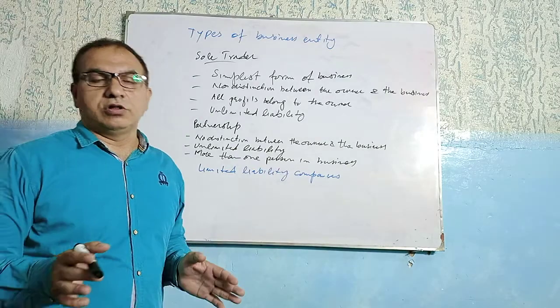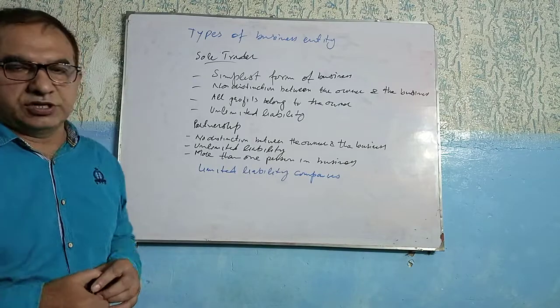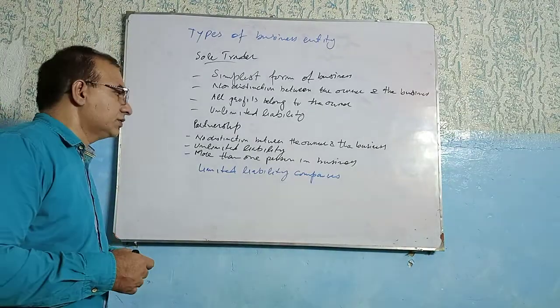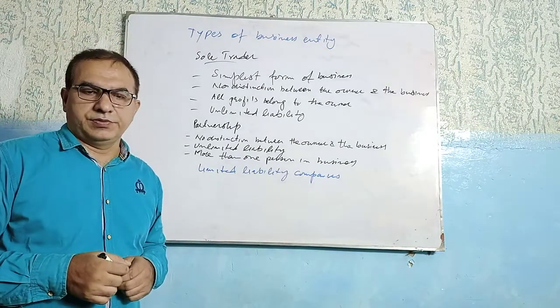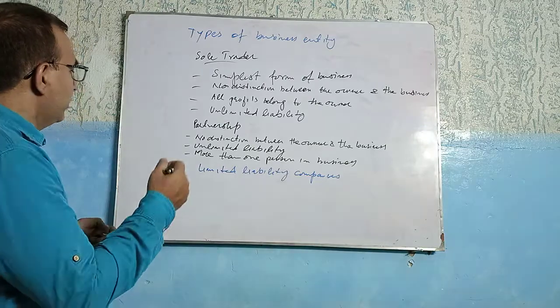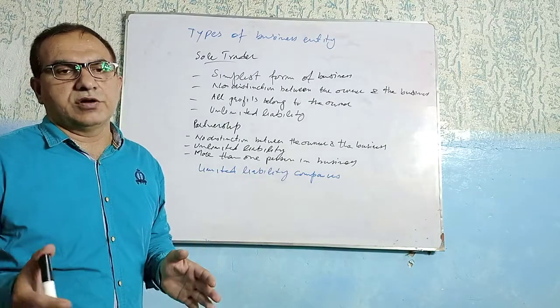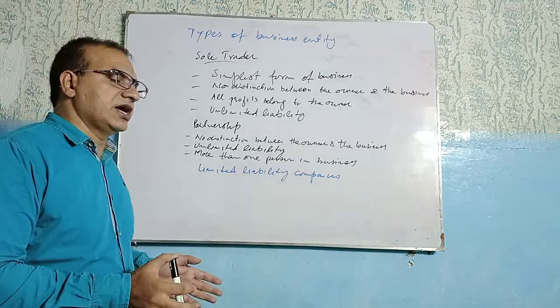You need to fulfill all the requirements which are required to create a company and get it registered with the registrar. But then you are safeguarded. You have limited liability, meaning if you have a shareholding of $100,000, your liability is limited to that amount.